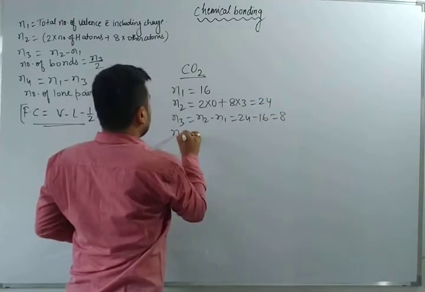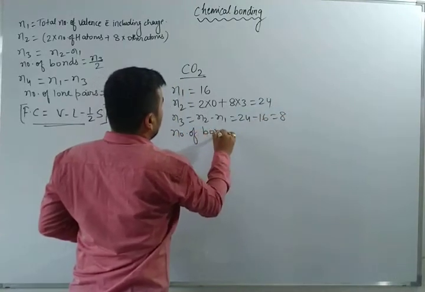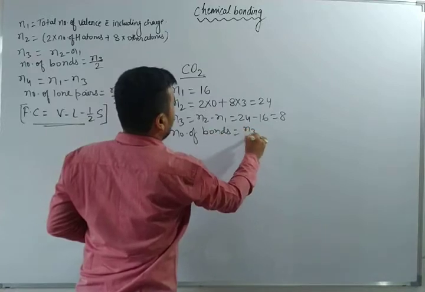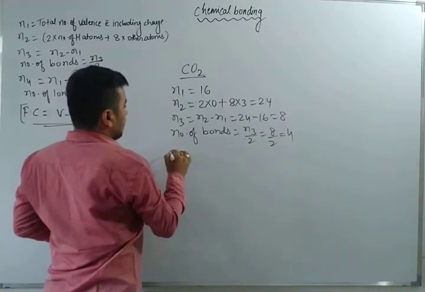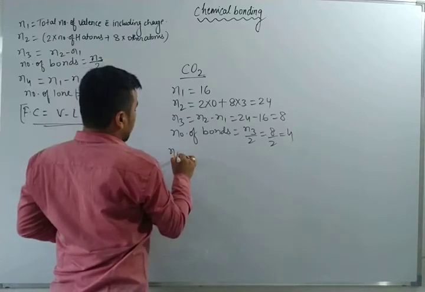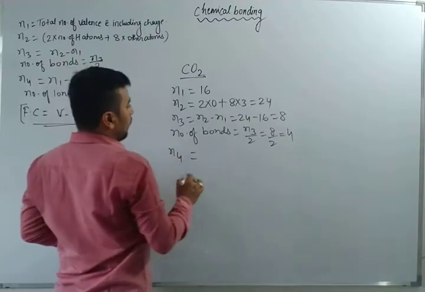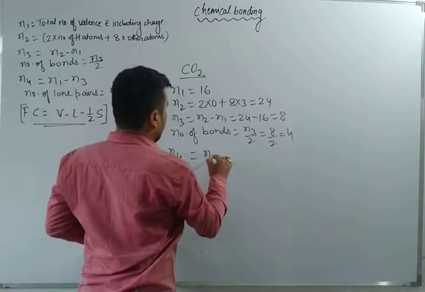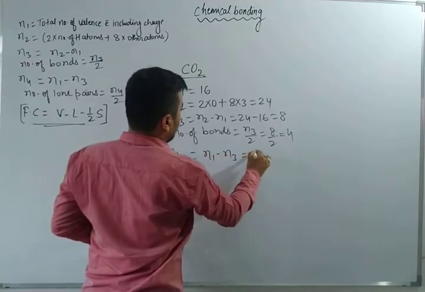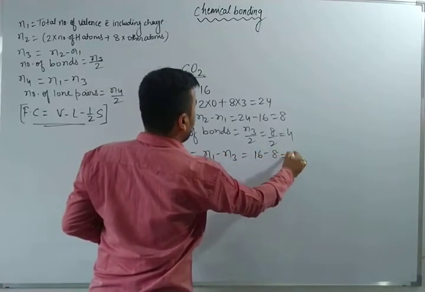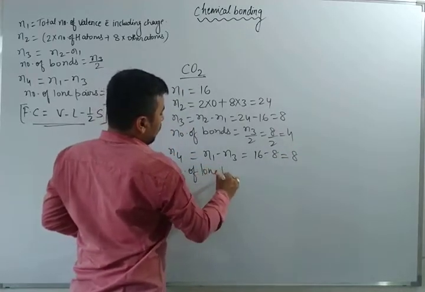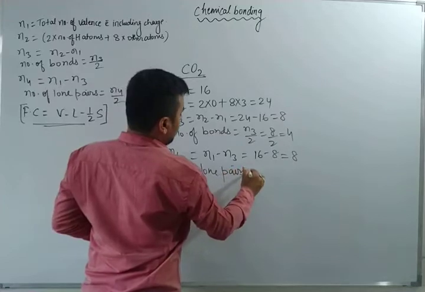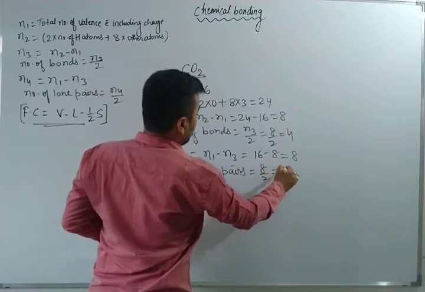So number of bonds is N3 upon 2, that is 8 upon 2 equal to 4. And N4 is N1 minus N3, 16 minus 8, that is equal to 8, and number of lone pairs is 8 upon 2, that is 4.